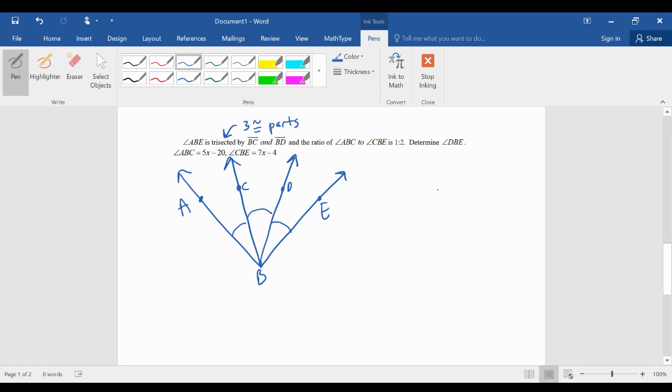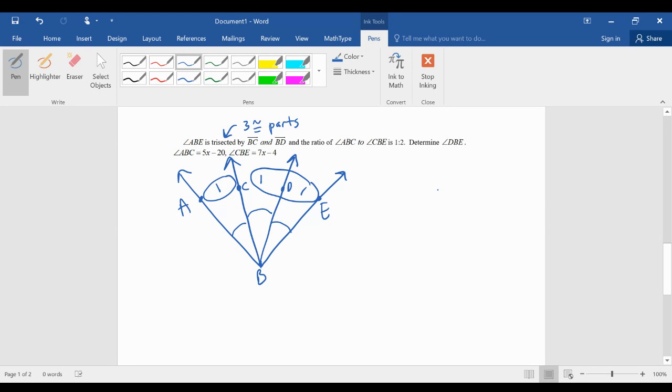ABC to CBE, those angles, are a 1-to-2 ratio. That kind of goes without saying, because if I know they're all the same measure, then each one is the same amount. So 2 of these to 1 of these, that's all it's saying.